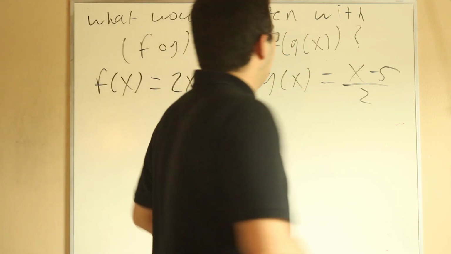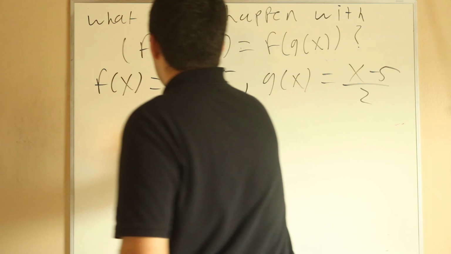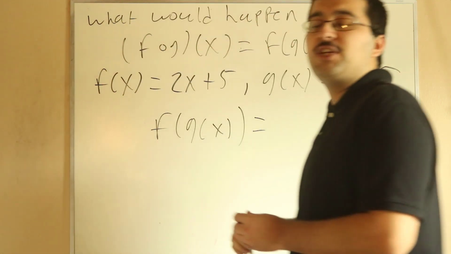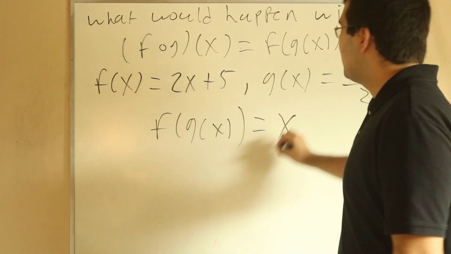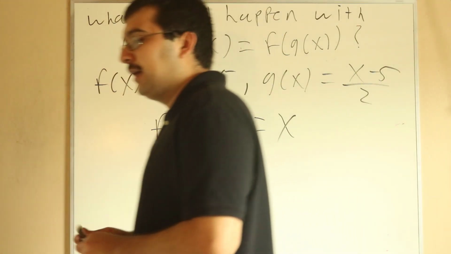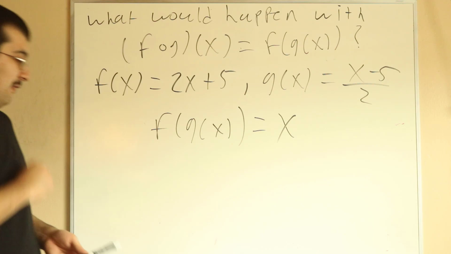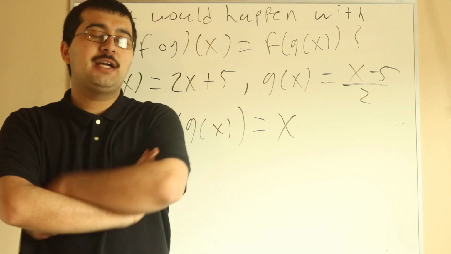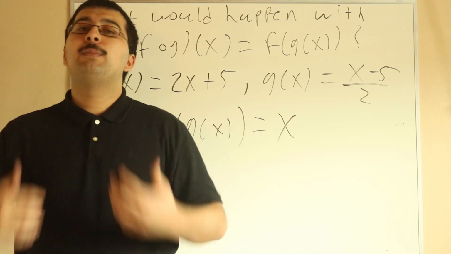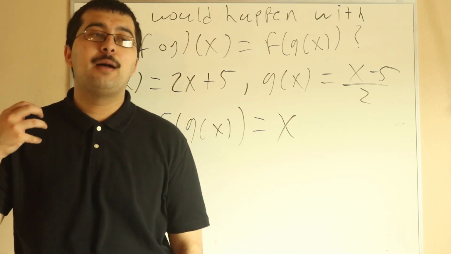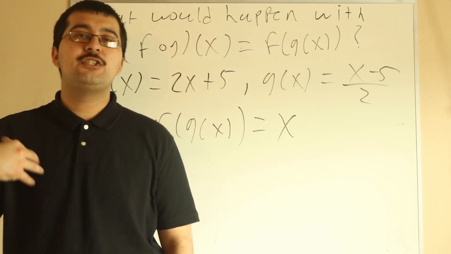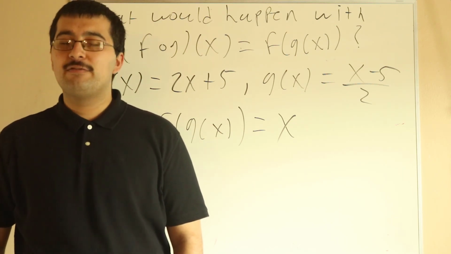Okay, so hopefully what you were able to see is that f of g of x, the composition of f and g, equals x. Alright? And that right there, the fact that the composition of these two functions equals x, is what we're going to come to know as being the definitive proof, the evidence we are looking for to be confident that this g of x is indeed the inverse of f of x.